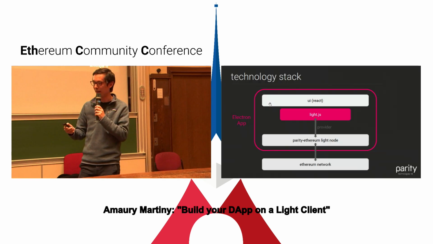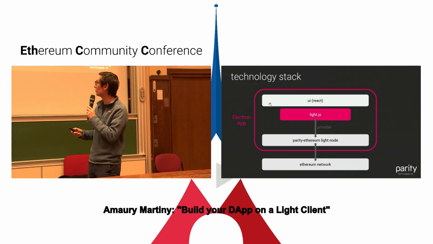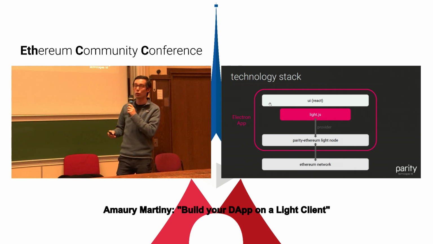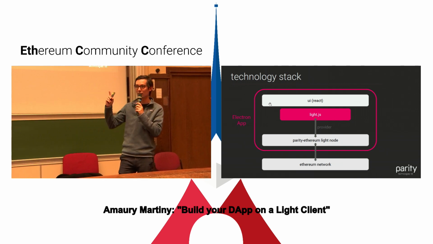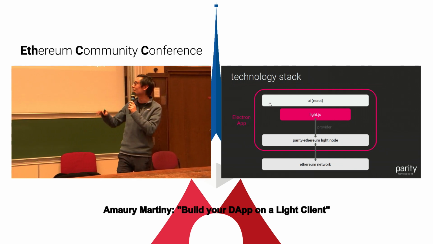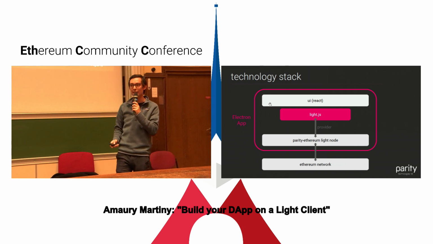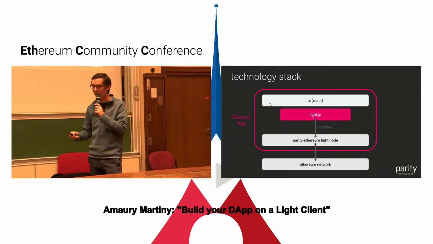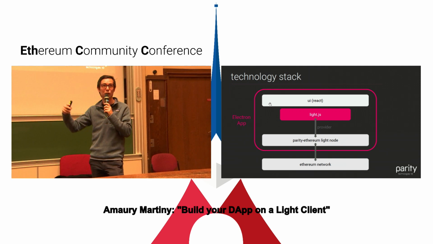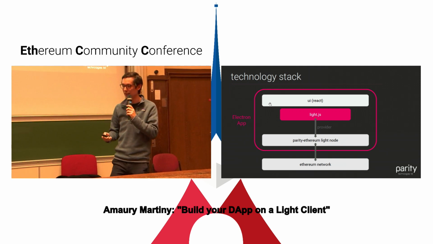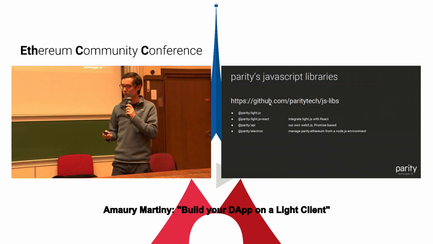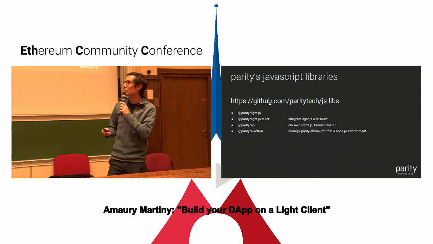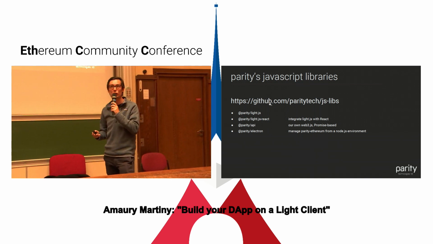So quickly about the Feather technology stack. It's an Electron app, and as in one of the first slides I showed, it has a light node embedded inside the Electron app, and it uses Light.js to communicate with the light node. It also uses some other Parity JavaScript libraries.